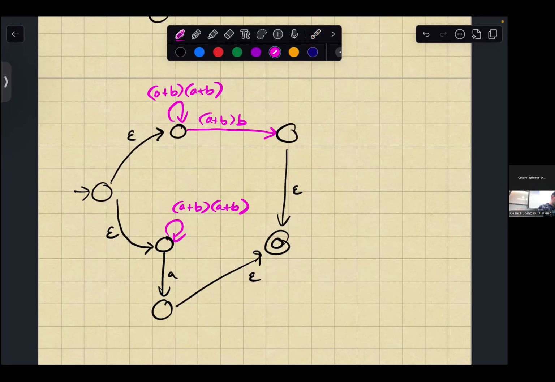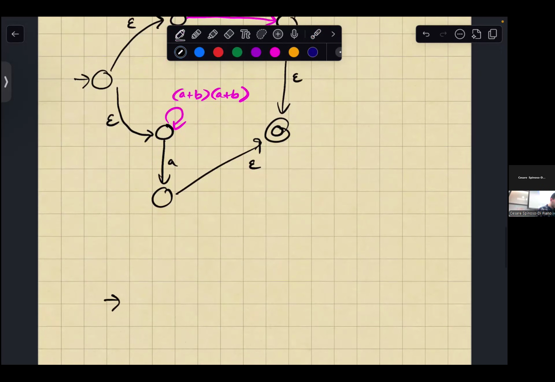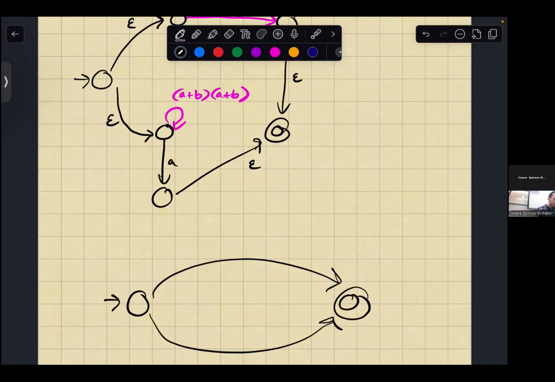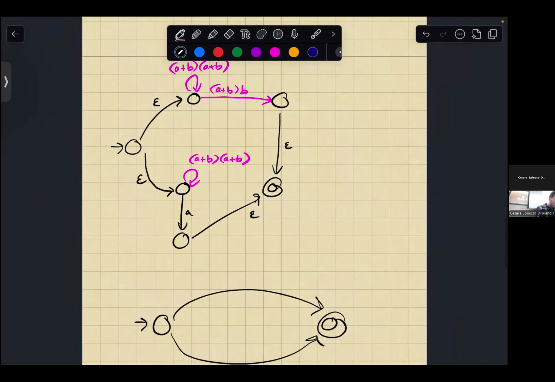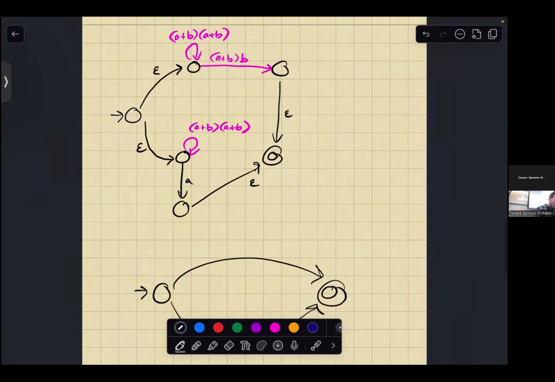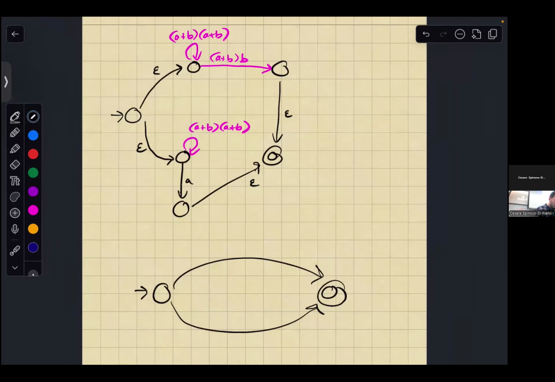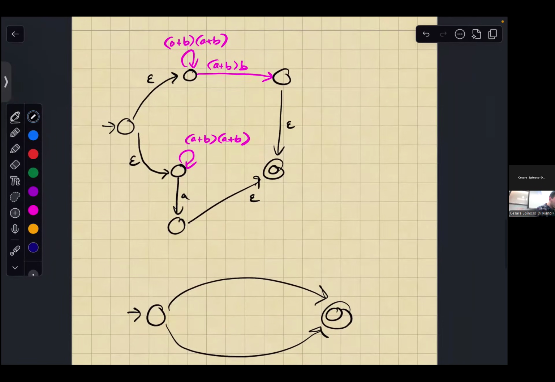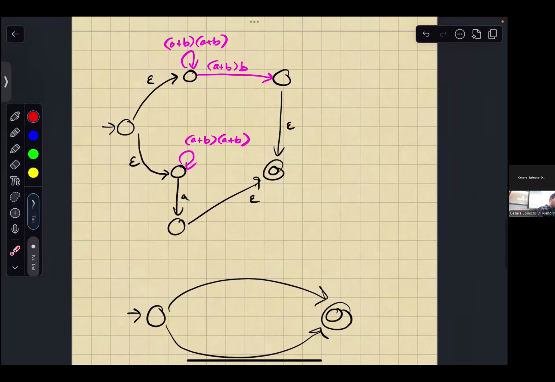So there's the top path to the accept state, and there's the bottom path to the accept state. And those top and bottom paths are going to be the epsilon transition, then A plus B any number of times, which is just A plus B star, right? Then A plus B, and then epsilon, right?